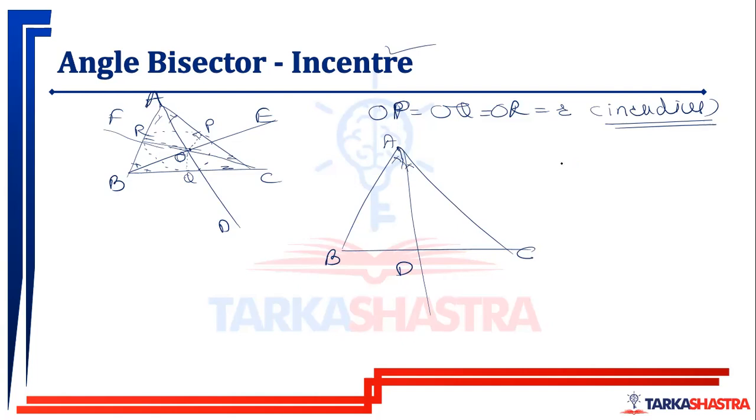Here, the angle bisector will always divide the opposite side, BD and CD, in the ratio of the adjacent sides, AB and AC. BD upon CD is equal to AB upon AC. It is called as the angle bisector theorem.